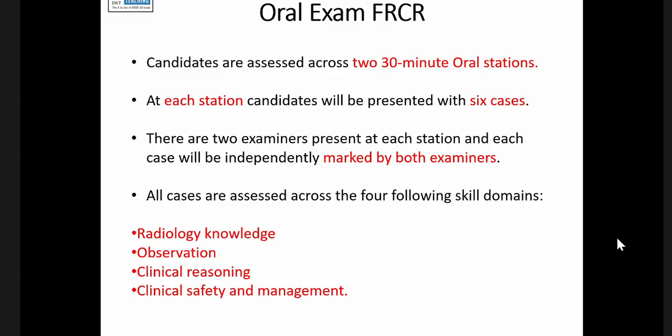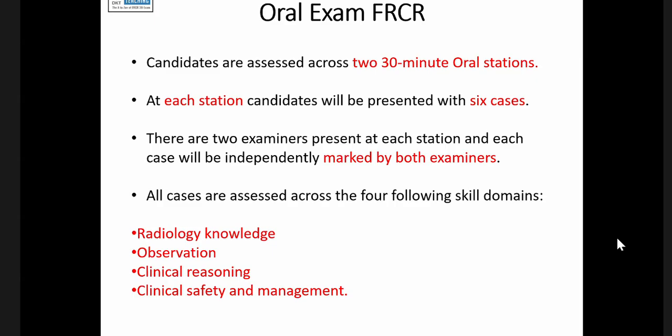Now, each case is marked by both examiners, and they have four domains to mark on: radiology knowledge, observation, clinical reasoning, clinical safety and management. I think we should do a separate talk on what that means, but I'll just briefly touch on it.